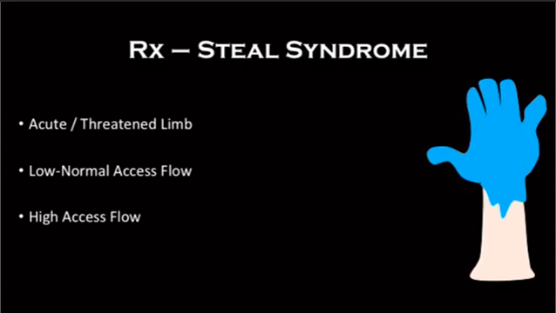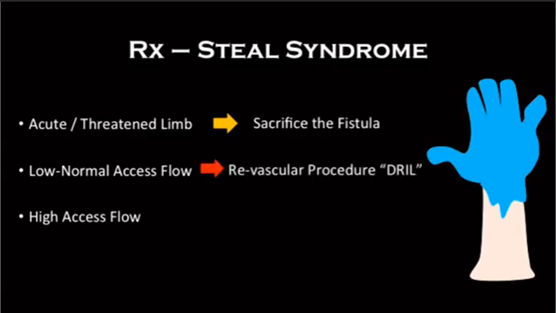So if you've got an acutely threatened limb, they'll tell you to just straight sacrifice the fistula. If it's got low or normal access flow, usually they'll say to do the DRIL procedure, which is a distal revascularization of the extremity. And if it's a high access flow, then they'll band it to reduce the flow.